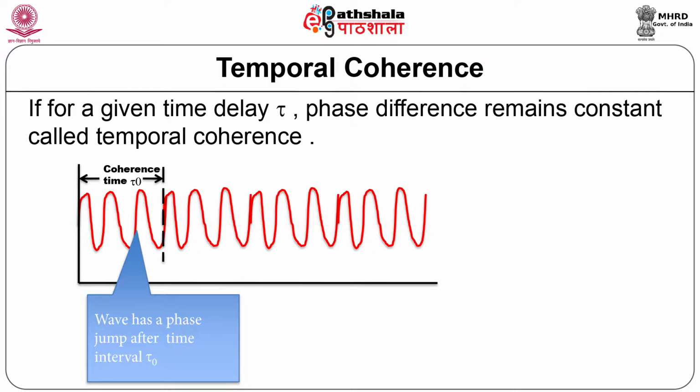And if this occurs for a time delay which is between 0 and tau 0, then the wave has partial temporal coherence with the coherence time tau 0. The figure shows that the wave has a phase jump after the time interval tau 0.